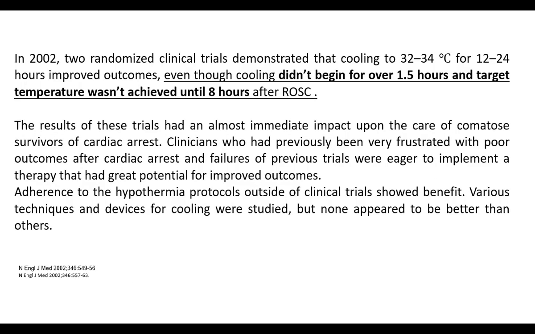In 2002, after 10 years, there were two randomized controlled trials, both published in the New England Journal of Medicine, and they demonstrated that cooling to 32 to 34 degrees centigrade for around 12 to 24 hours improved outcome. But here, cooling didn't begin for over 1.5 hours, and the target temperature wasn't achieved until 8 hours after return of spontaneous circulation.